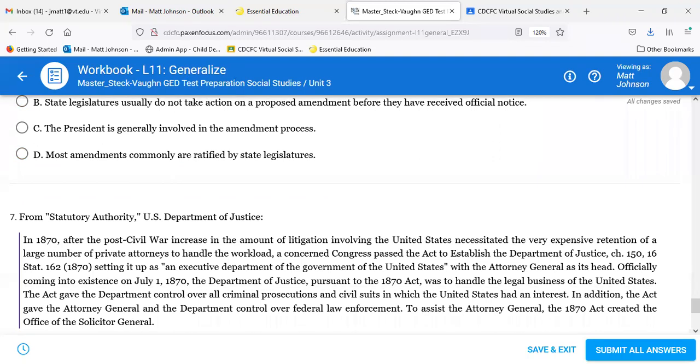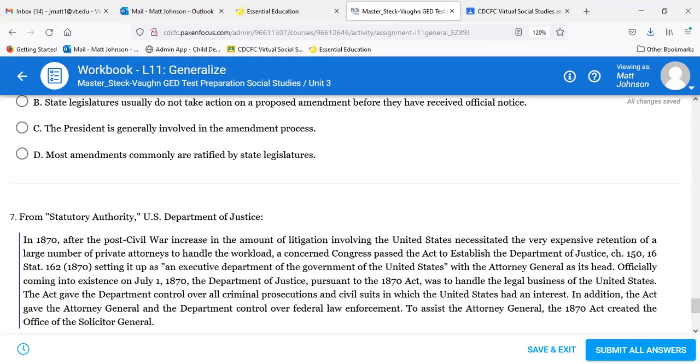In 1870, after the post-Civil War increase in the amount of litigation involving the United States necessitated the very expensive retention of a large number of private attorneys to handle the workload, a concerned Congress passed the act to establish the Department of Justice, setting it up as an executive department of the government of the United States with the Attorney General as its head.